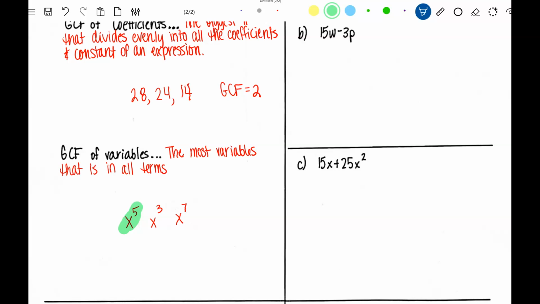X to the 5th has 5 x's, but x cubed doesn't. It only has 3. X to the 7th has 7, but the other two don't have that many. All three of them have 3 or more x's in it, so the greatest common factor of these variables is x cubed. So the hint on that is to look for the smallest exponent.